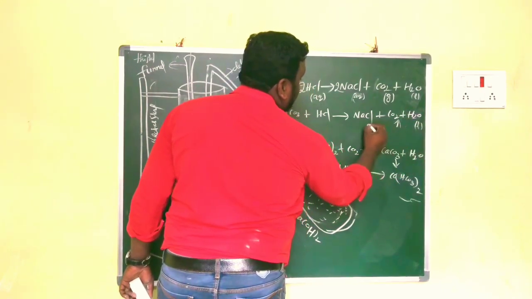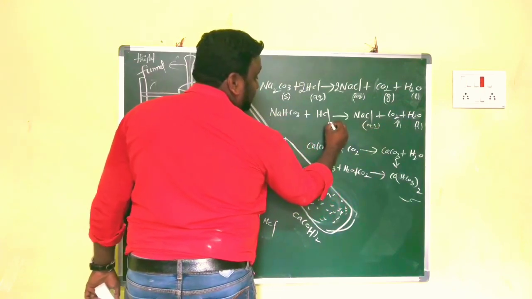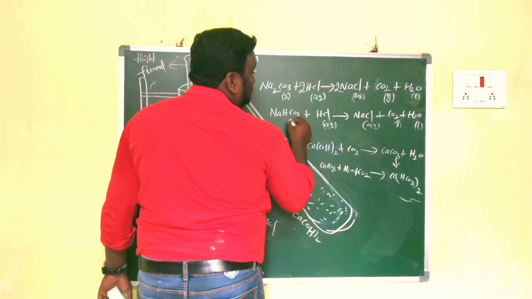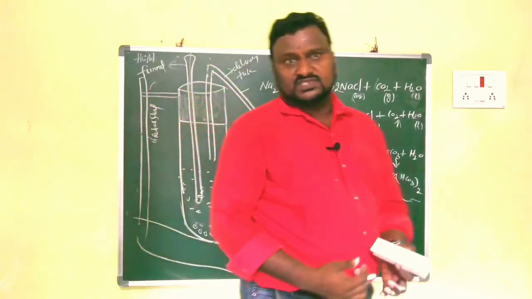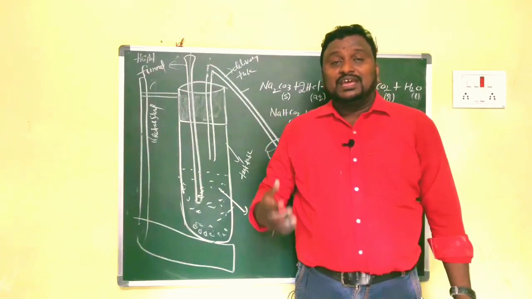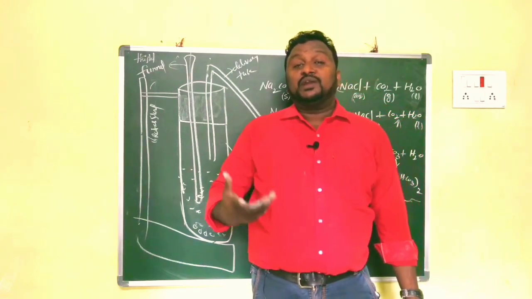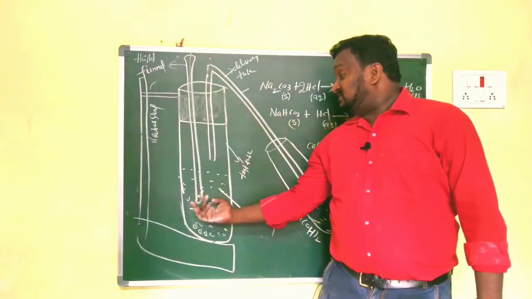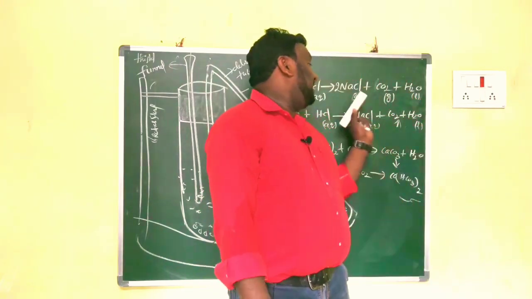Same. We have to repeat the same procedure by using test tube B. In test tube B, what do you have? Sodium hydrogen carbonate is there, and again we are adding some HCl. Then what are we producing?